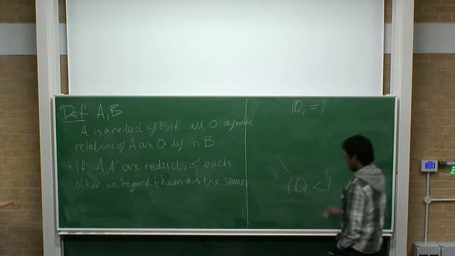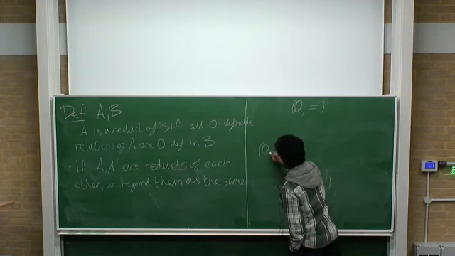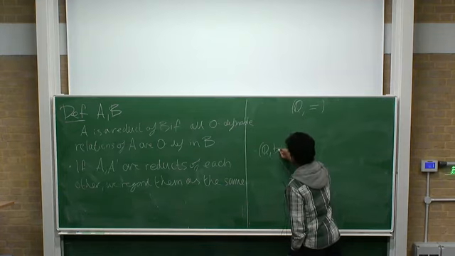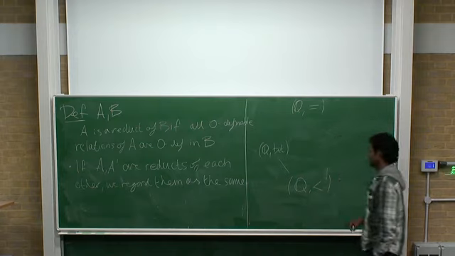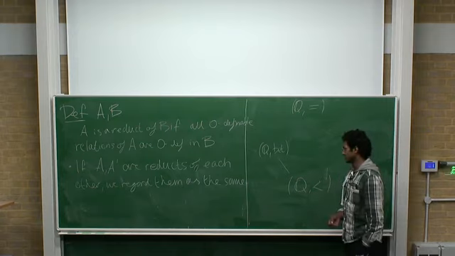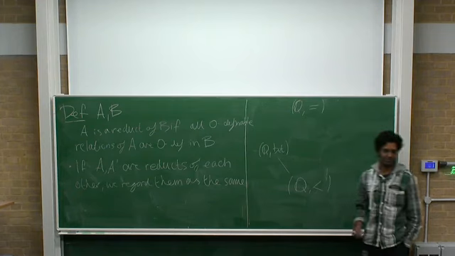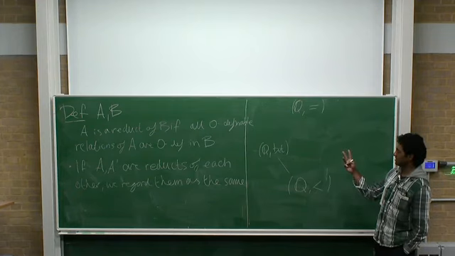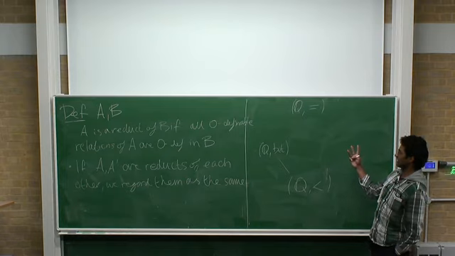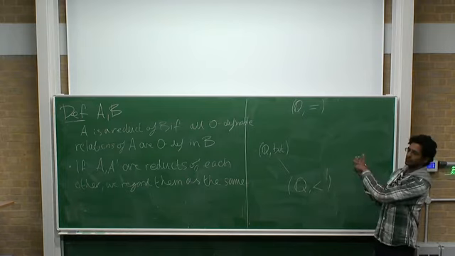Well, in one direction, you can have what is known as the betweenness relation. The betweenness relation is a three-ary relation which says x, y, and z are related if y is in between x and z.